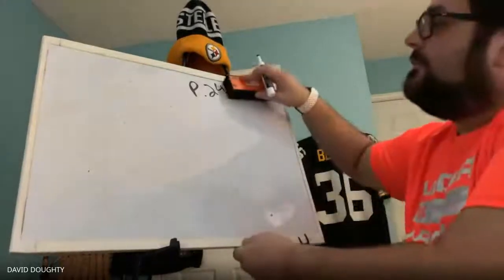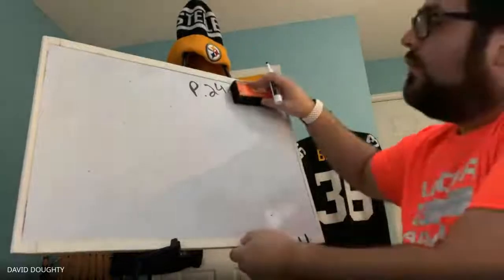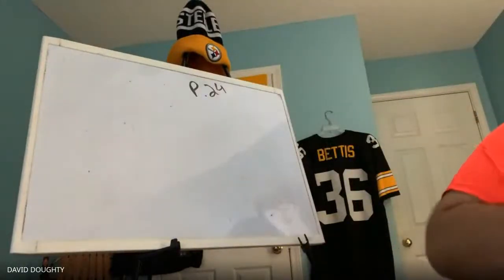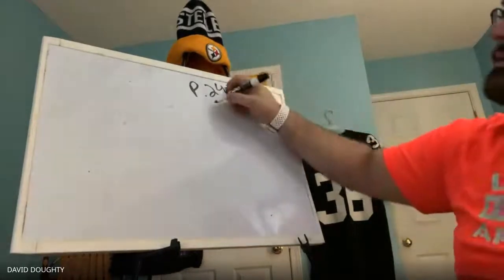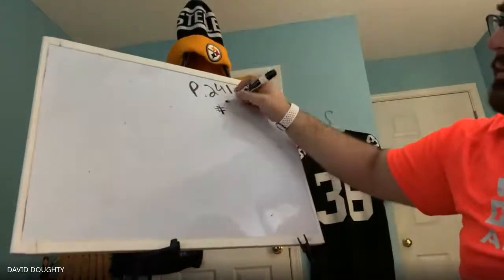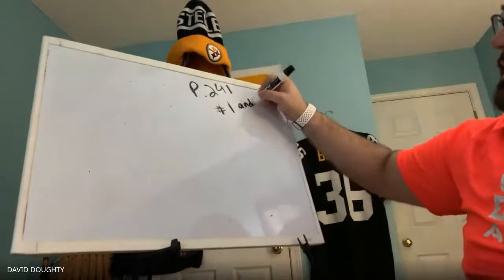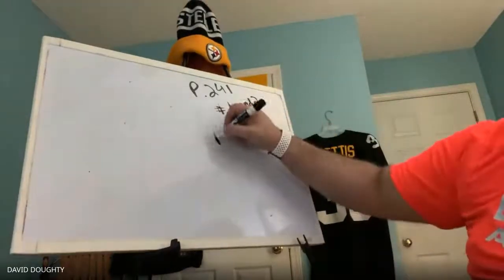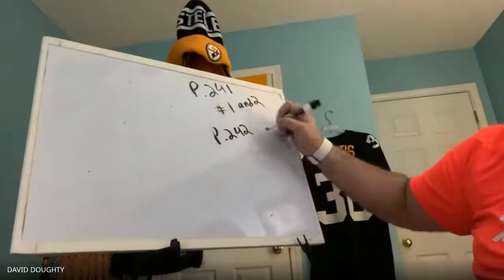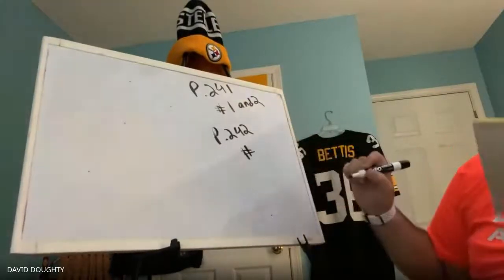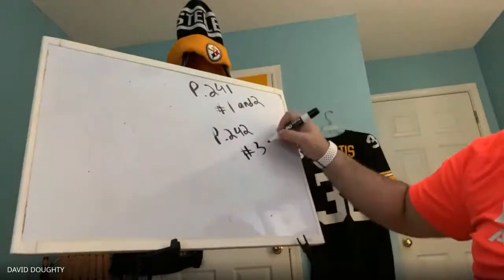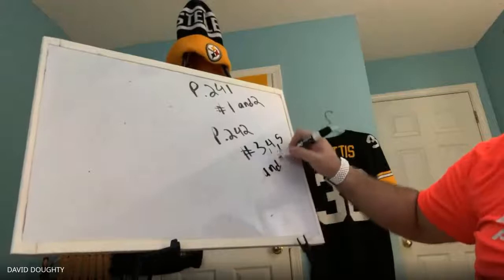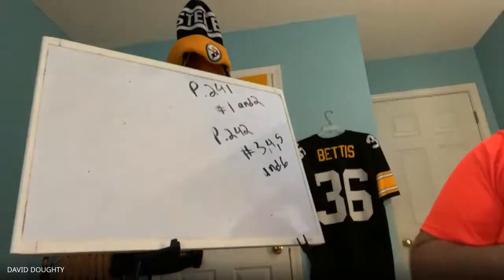That's the problem. You're going to be doing page 241 and 242. Okay? So on page 241, I want you to do numbers 1 and 2. And on page 242, I want you to do number 3, 4, 5, and 6. And that's it. Okay? That's all you're going to be doing.